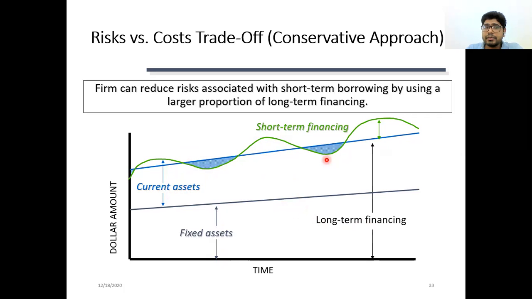In the maturity matching approach, only permanent working capital is financed by long-term financing, and short-term fluctuating current assets are financed by short-term borrowings.